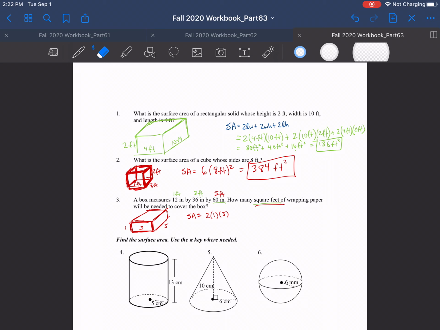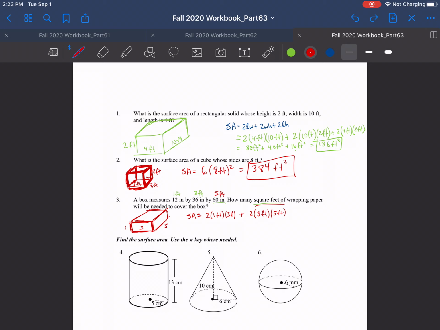I'm sorry, I should have put feet on those. 2 by 1 foot by 3 feet. And then the next pair of faces we can do would be 2 times 3 feet by 5 feet. That's this one over here, and then this one back over there.